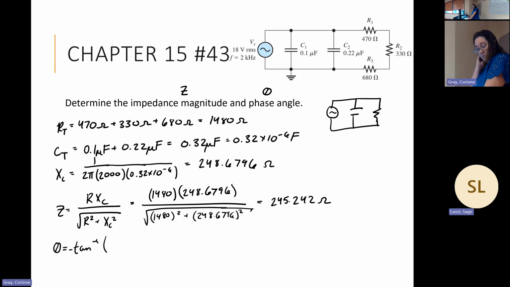When I do my inverse tangent with this method here, I need to make sure that I have that negative sign with it. So I'm going to have negative inverse tangent R over XC.